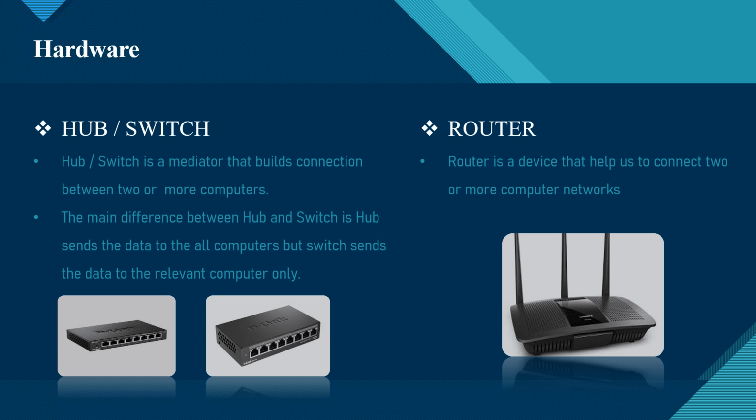A hub or switch is a mediator that builds a connection between two or more computers. The main difference between a hub and a switch is that a hub sends the data to all computers, but a switch sends the data to the relevant computer. The next one is router. A router is a device that helps us to connect two or more computer networks.